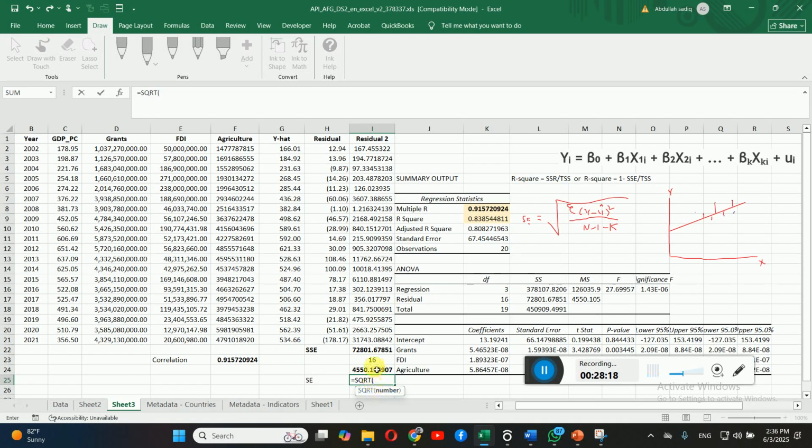Simply, this is the square root, and now this is giving you the answer, and this is 67.45. Okay, this is the error, dear students. You can say the standard error, or the average fluctuation around the regression line, is 67.45. Somehow this value is not really good. Why? Because it's high.